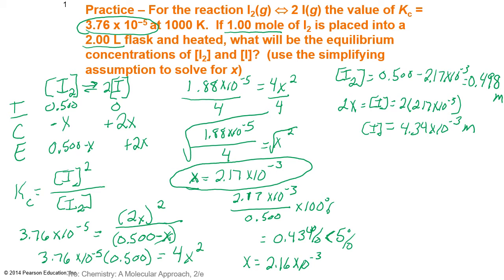Okay. If we double check our answer, we can substitute it into the equilibrium constant expression. Plug in our values, just to make sure that we come up with an answer that's close to our equilibrium constant.